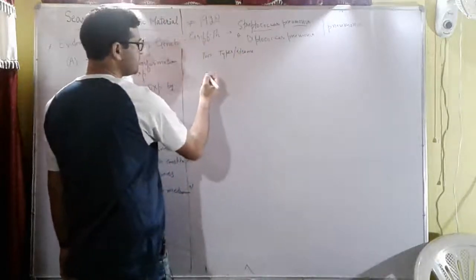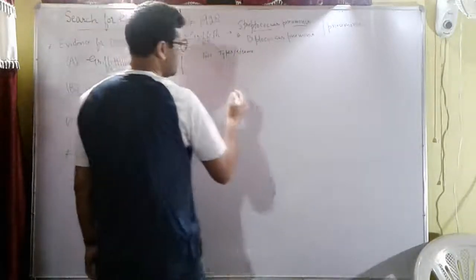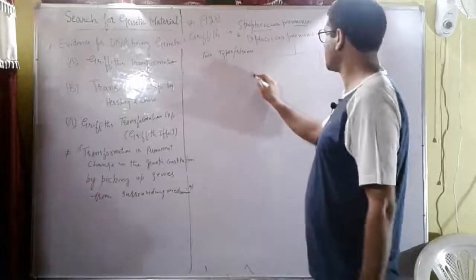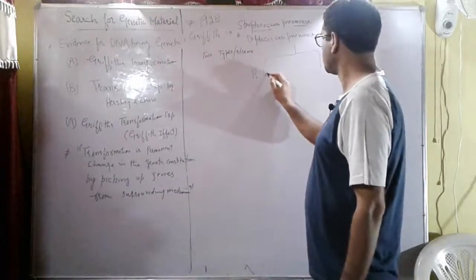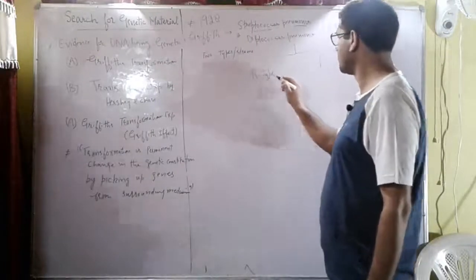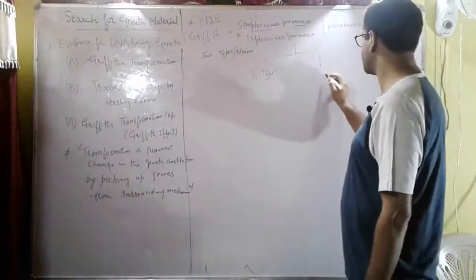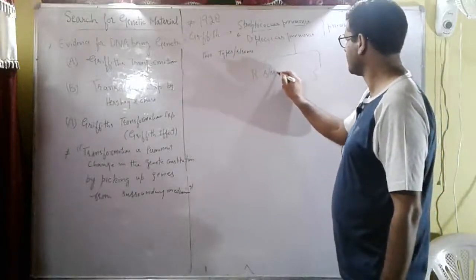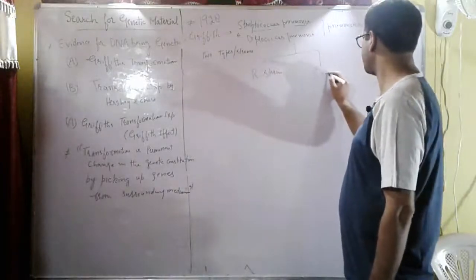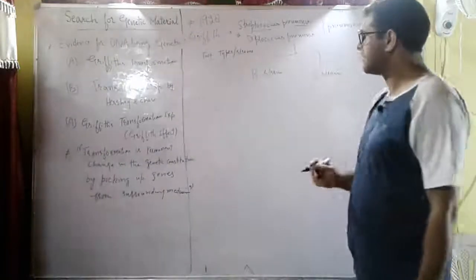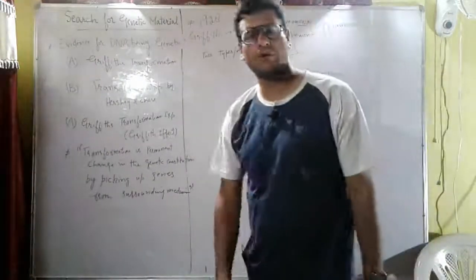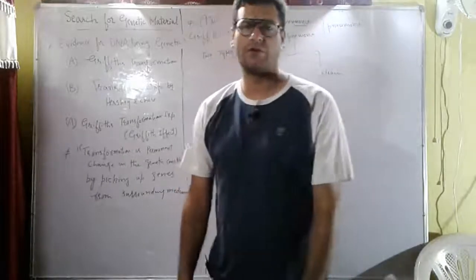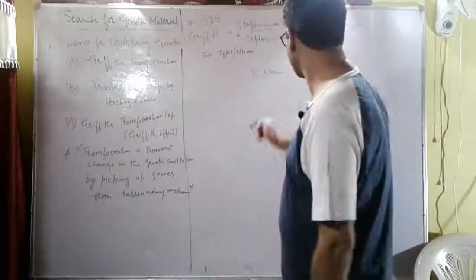One is the R type, or strain. Another is called the S type, S strain. So this bacterium has two strains: one is called the R strain, another is called the S strain.